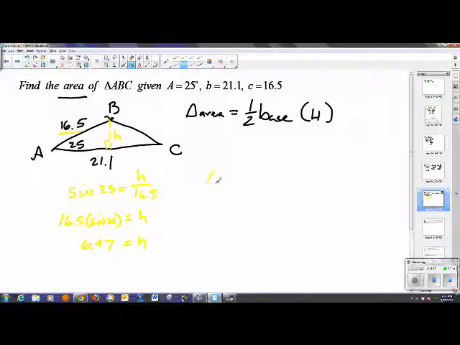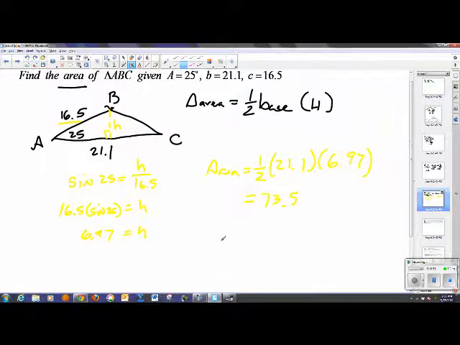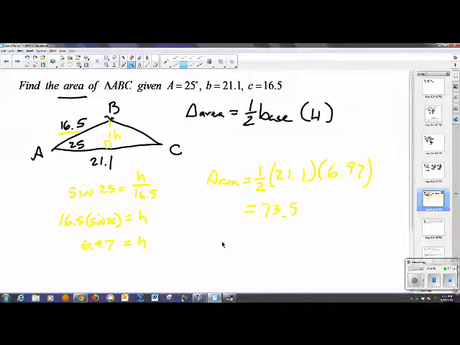And then if I want to find the area, I take 1/2 my base, which in this case is the 21.1, times my height, which I just calculated, 6.97, and I have a value for area of approximately 73.5 units squared or whatever. All right, so that's probably the easiest way to calculate area, and that's the way I'd probably use.